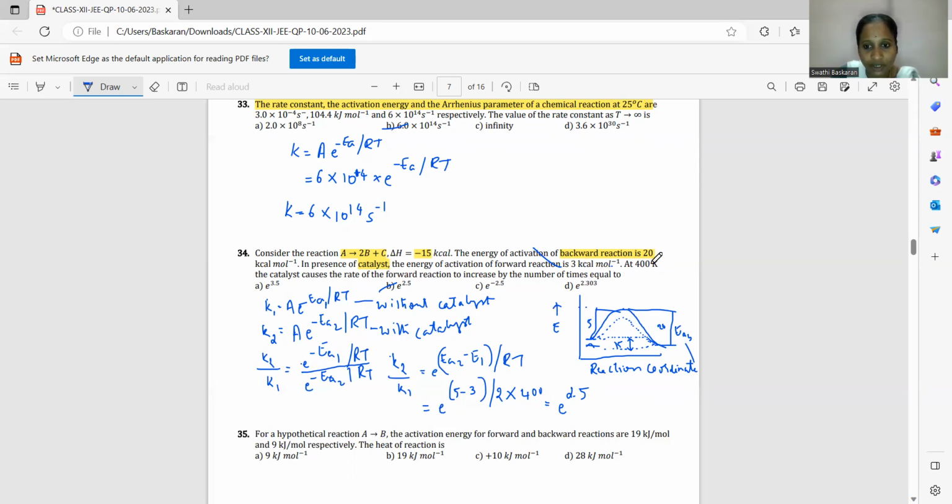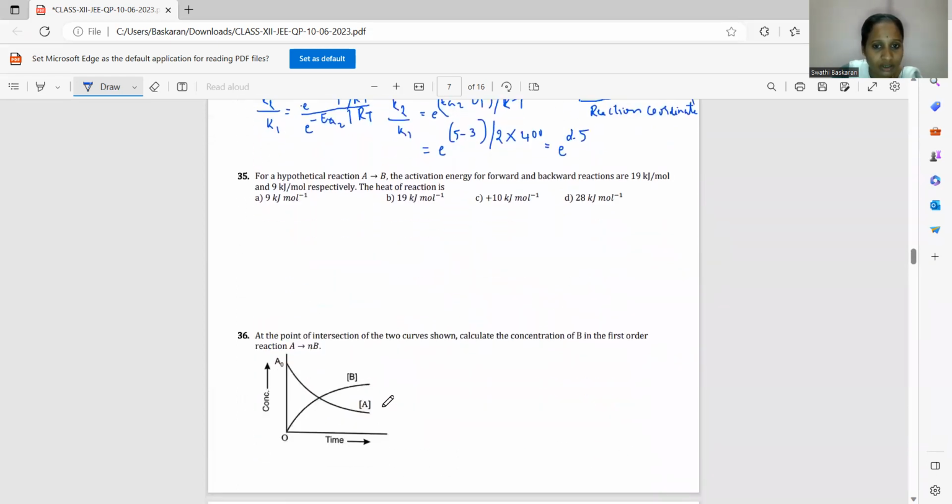In such a case, at 400 Kelvin, how much will the forward reaction increase is the question. So the forward reaction will increase by e to the power 2.5. Hope you understood this.